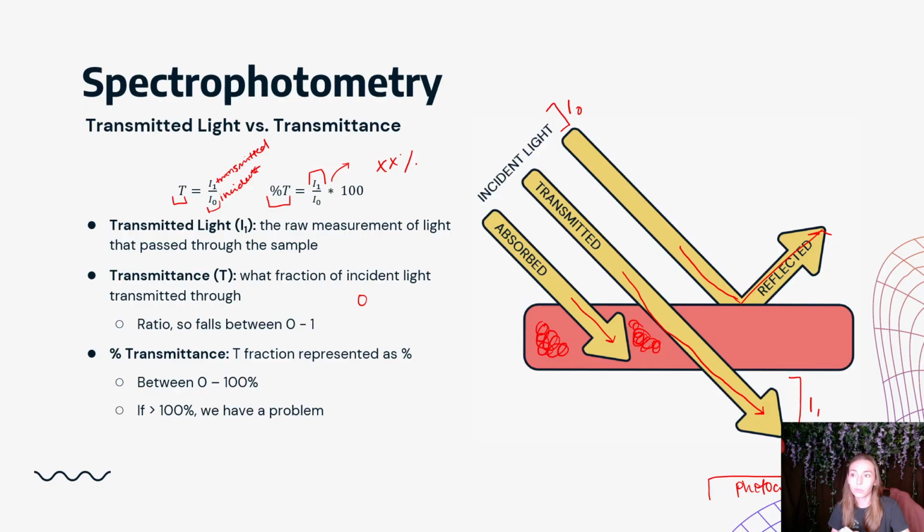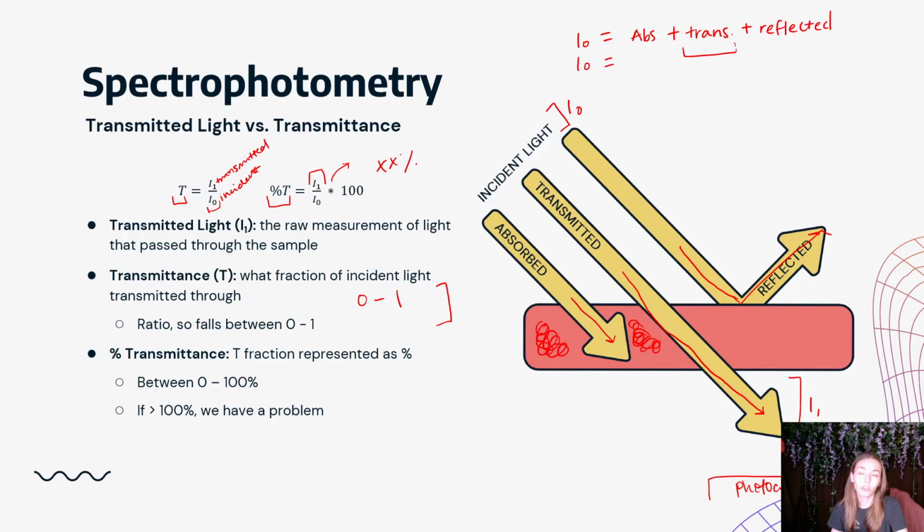Transmittance is a ratio, and it is going to be expressed as a number between 0 and 1. Your transmittance should never be greater than 1. Okay? Because incident light equals your absorbed light plus your transmitted light plus your reflected light, and your I naught is like your 100%, your whole.